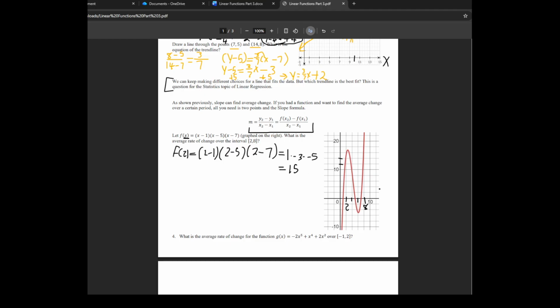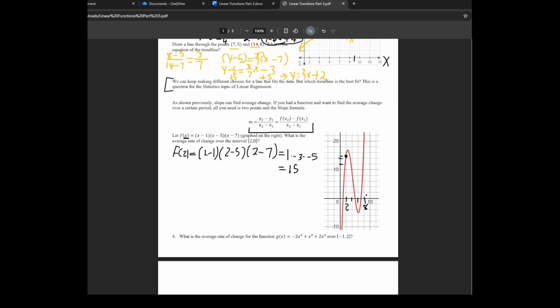So when I plug in... Oh, sorry, positive. Yes, that is right. So f of 2 equals 15. This is f of x1, if you would like to call it that. All right, so this is point number 1.